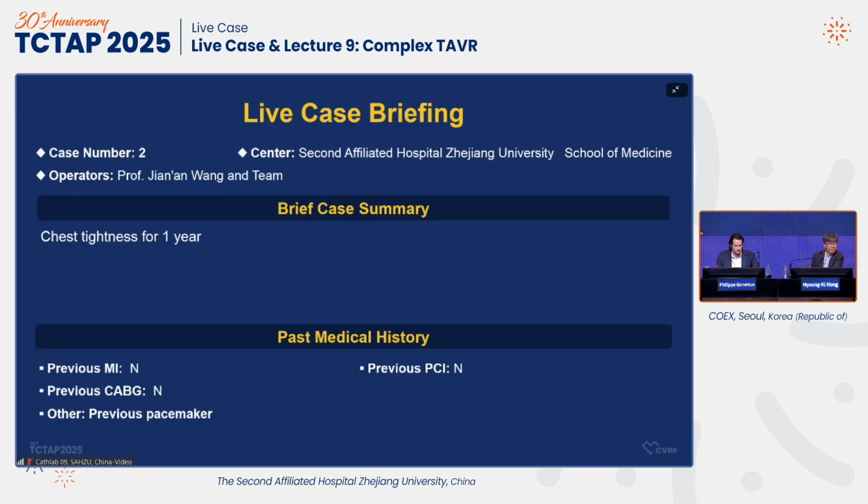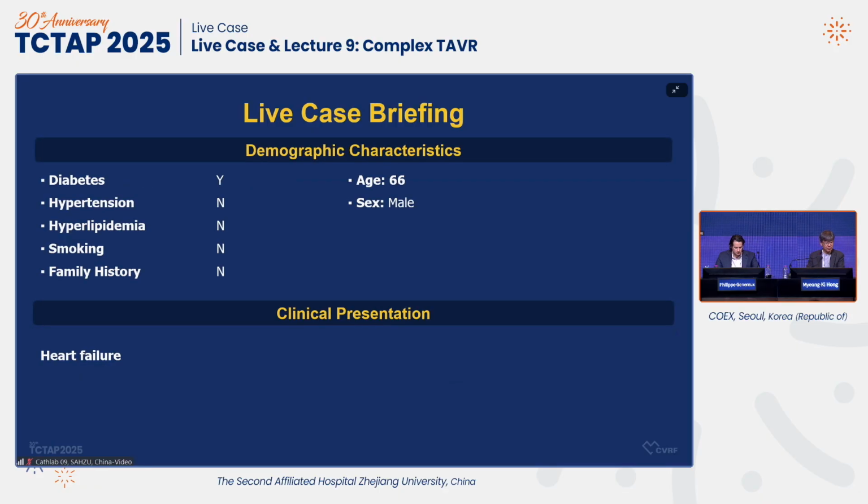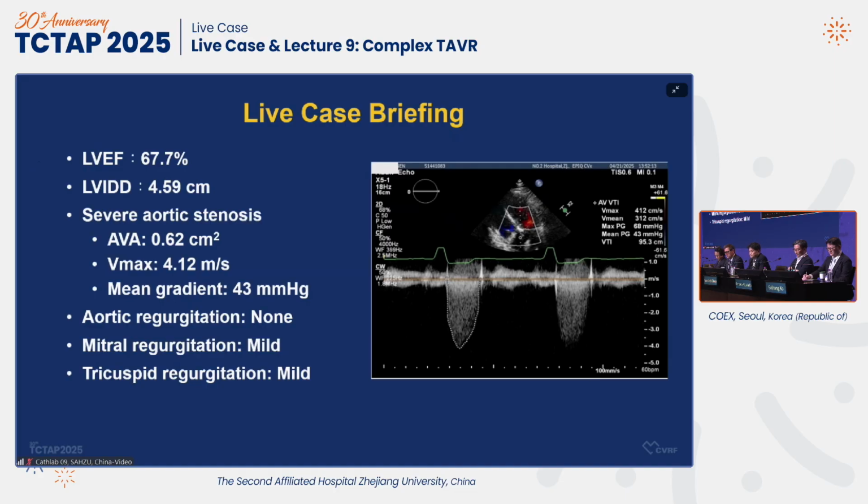The patient is a 66-year-old gentleman with chest tightness for over 1 year. The patient has a history of diabetes and previous pacemaker implantation. Next one, please. The patient is a low-risk patient. From the echo, we can see the patient has severe aortic stenosis.